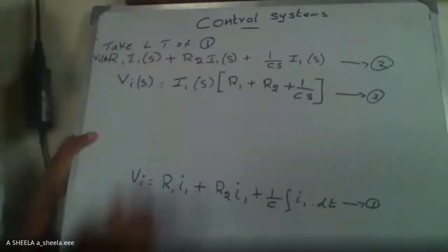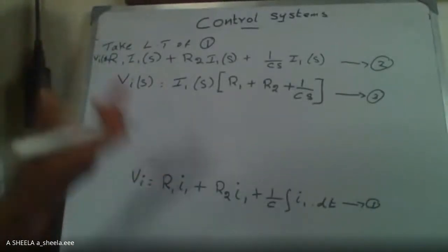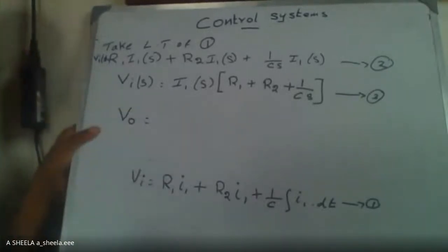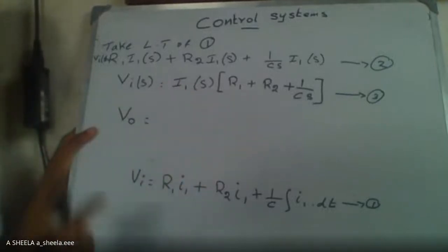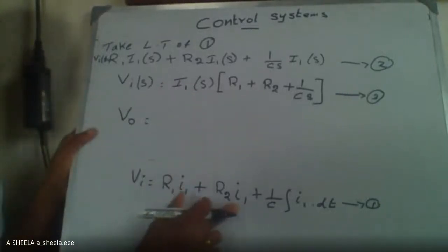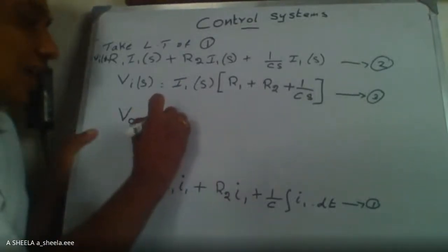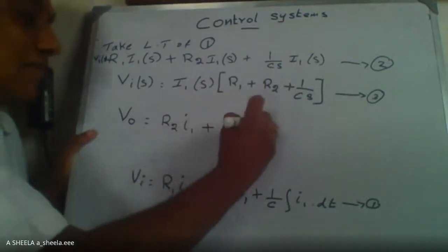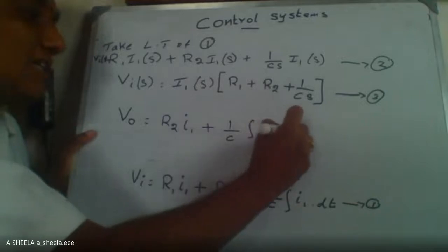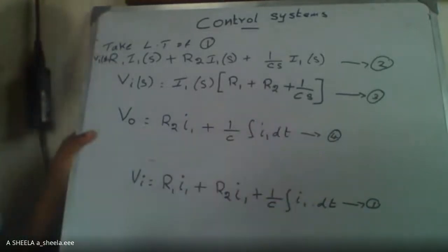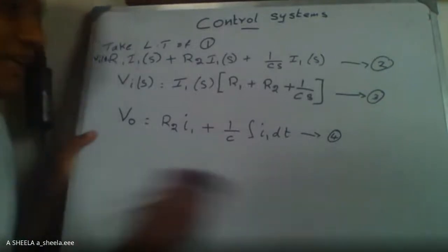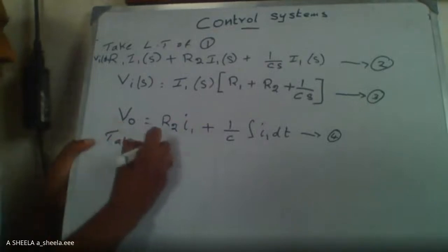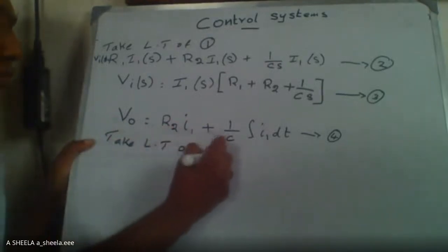Now we have to write the output equation, because the transfer function is the Laplace transform of output by Laplace transform of input. So we start writing the output equation V naught. In the problem they have mentioned V naught is the output voltage across R2 and 1 by C. So it should be R2 into I1 plus 1 by C integral of I1 dt. Now take the Laplace transform of the fourth equation.